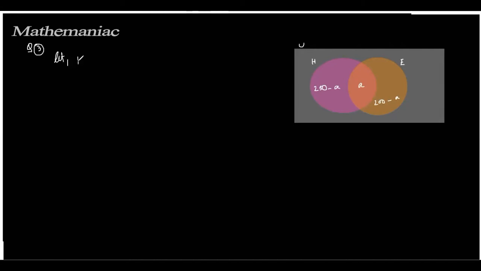Let H be the set of people speaking Hindi, and E be the set of people speaking English. We have got this.